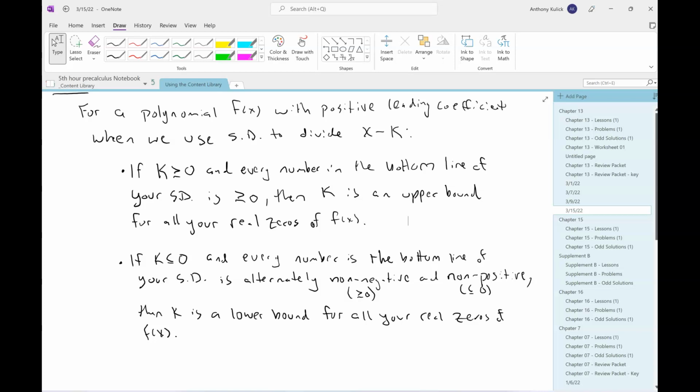So a couple of pieces of vocabulary. When I say upper bound, what does that mean? If k is the upper bound for the real zeros of f of x, that means none of your zeros could be bigger than k. And if it's a lower bound, we mean that none of the zeros could be smaller than k.